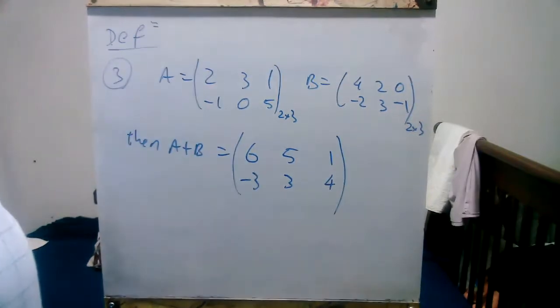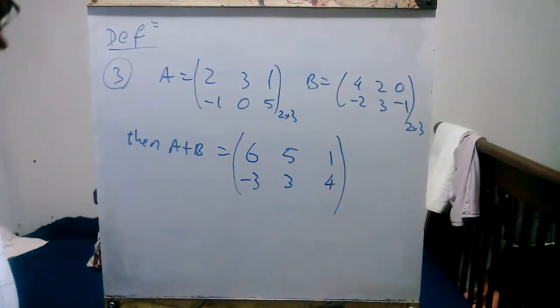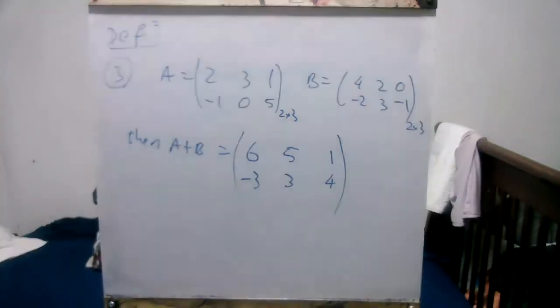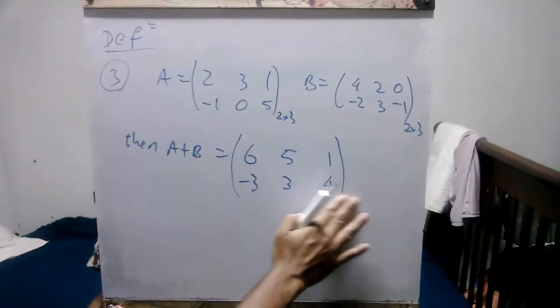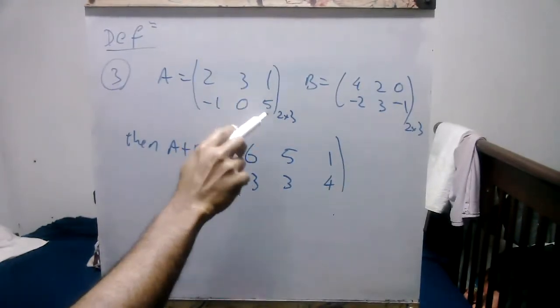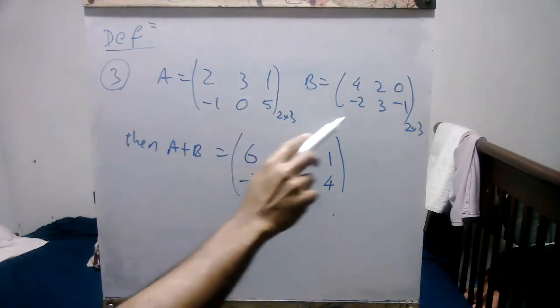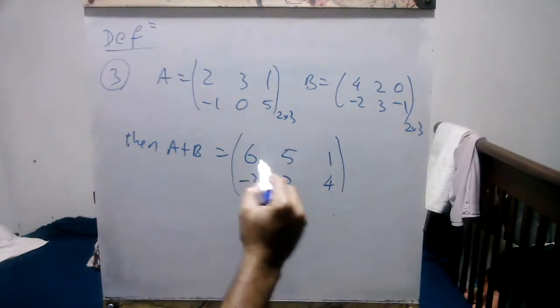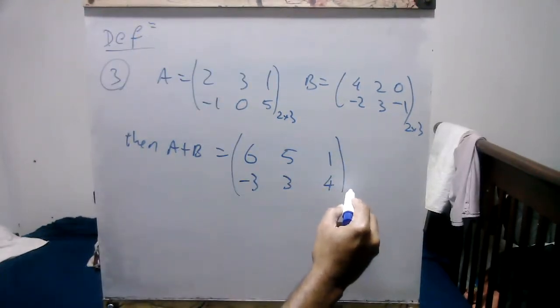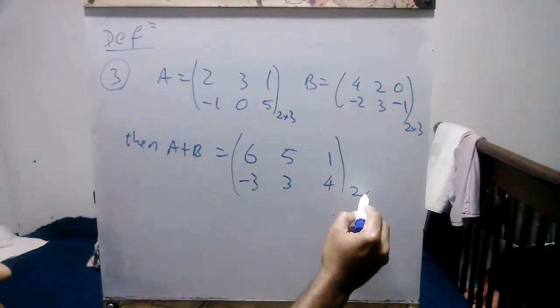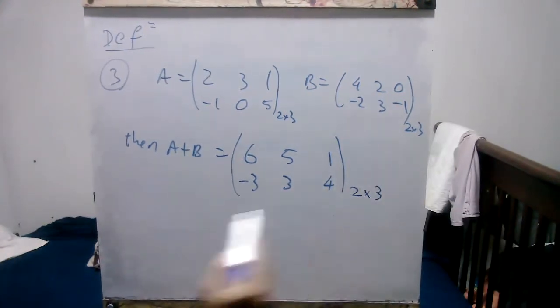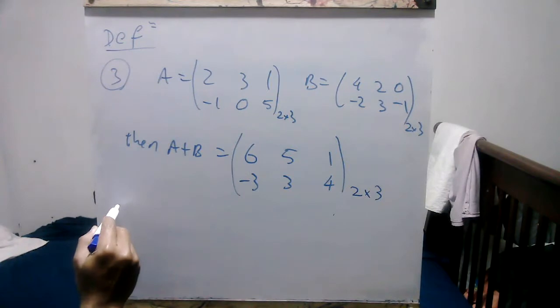This is about addition. Notice this is 2 by 3, 2 by 3. The size of A plus B is also the same size.